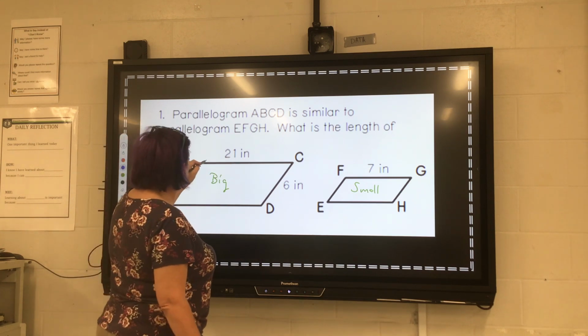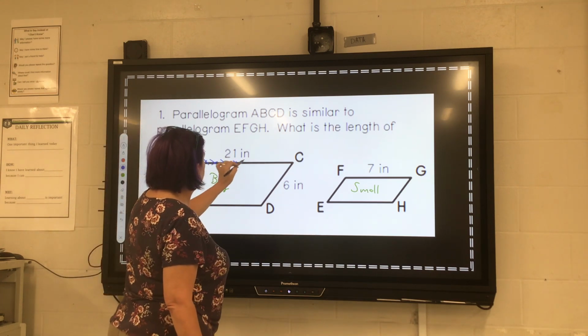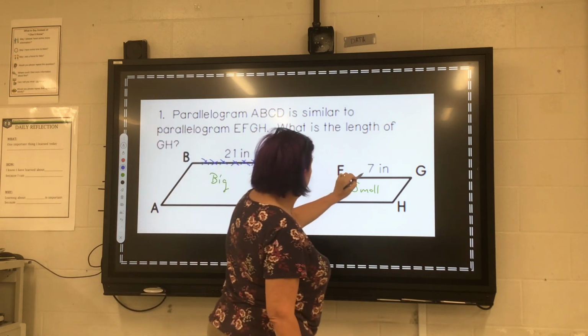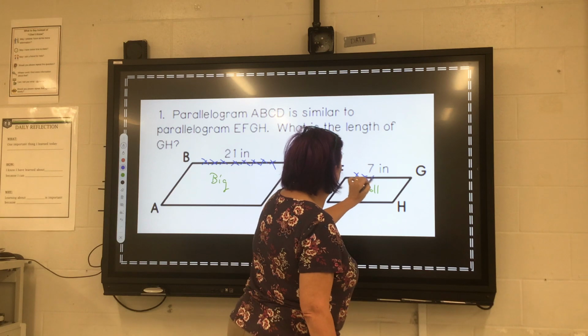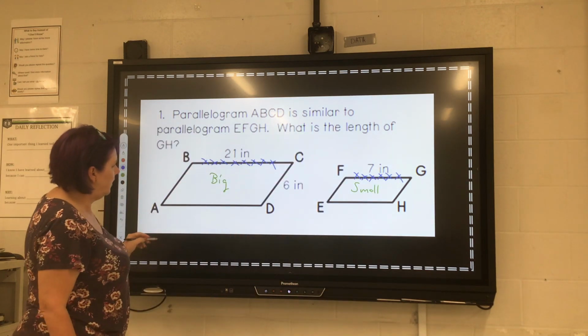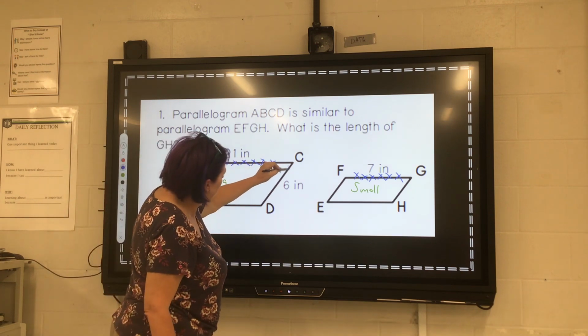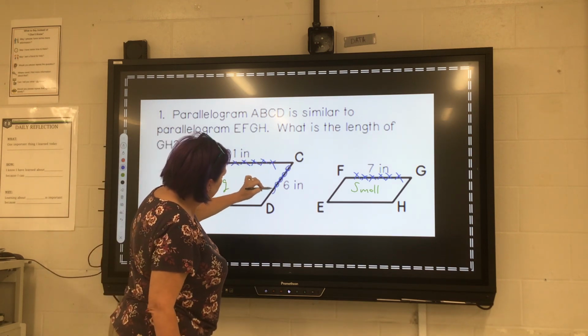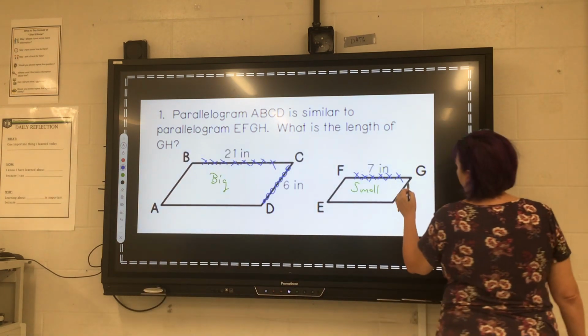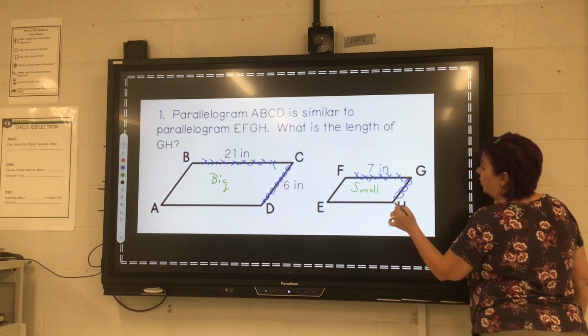This B to C, I'm going to mark with X's, and that corresponds with F to G, so I'm going to mark it with X's. And then my C and D, I'm going to mark with circles, and that corresponds to my G and H.